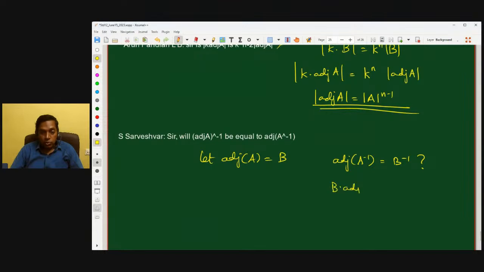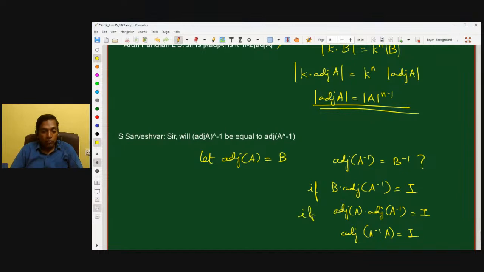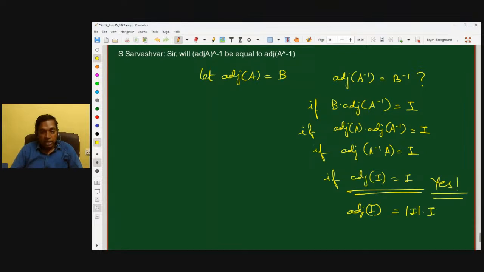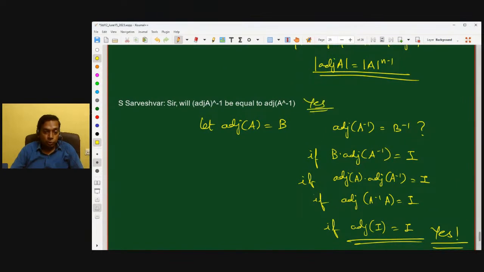Then B into adjoint A inverse must equal I. If this is true, that means adjoint A into adjoint A inverse is I. This is adjoint B into adjoint A, which is adjoint of AB. This holds if adjoint of I is I, and that is correct, because adjoint I is determinant I times I inverse, which is all 1 into I, so it's I. So you're right, the answer is yes.